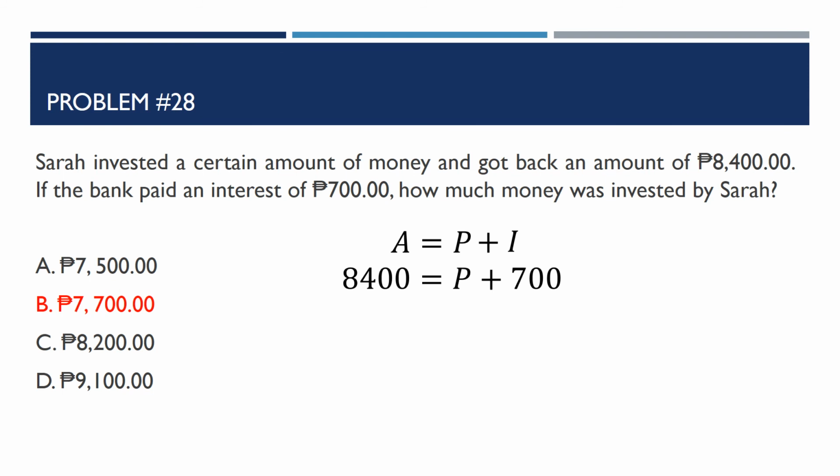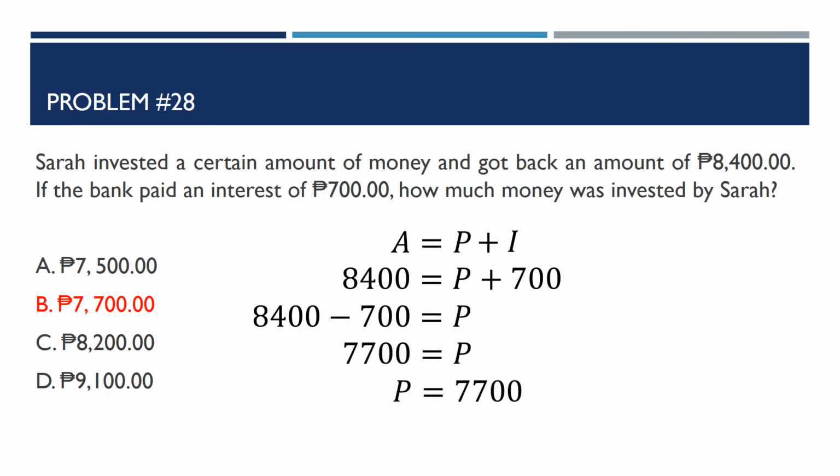Now to find the principal amount, just transpose the 700 to the left side, becomes negative, and then you combine. It will be 7,700, or you can write it this way if you are uncomfortable with the previous one. So the principal amount, or the amount invested by Sarah, is 7,700 pesos.